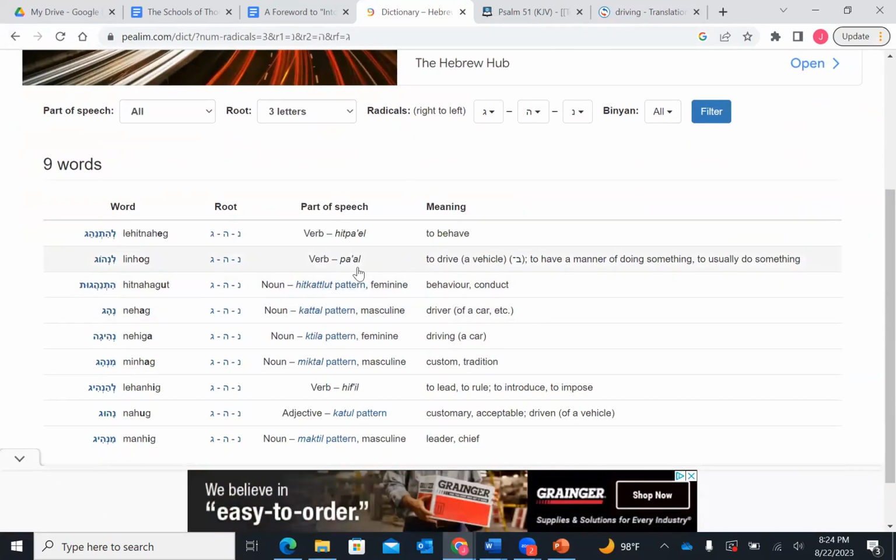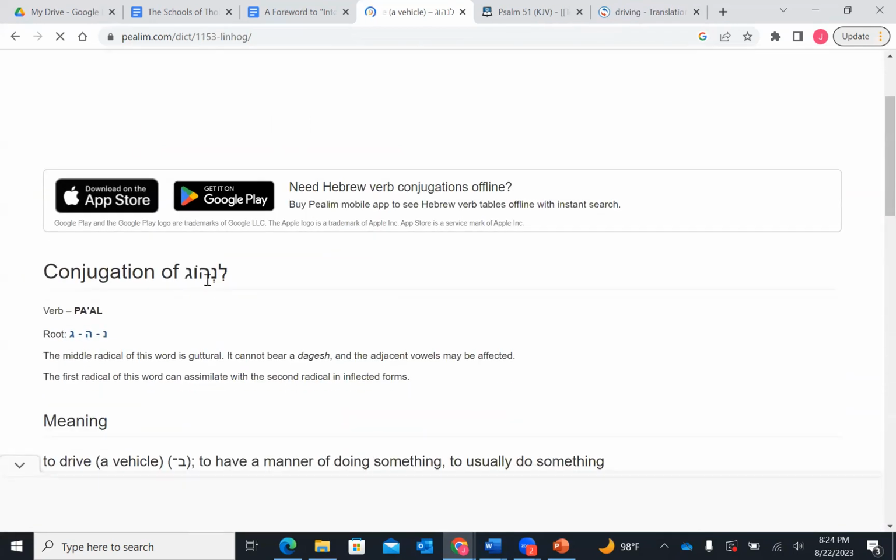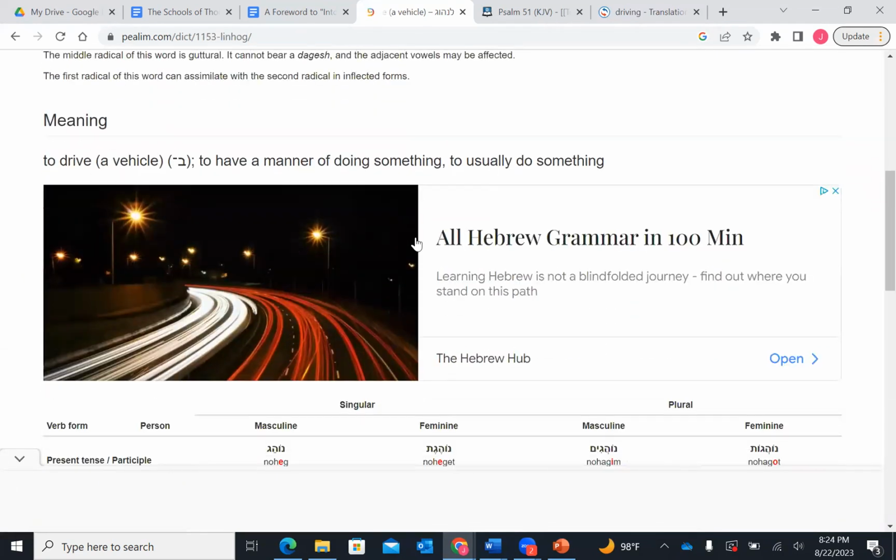The Pa'al verb family is the easiest verb family for me, and it says to drive, which is the infinitive form, lin'hog. So I clicked on that, and now I have lin'hog, which is to drive.